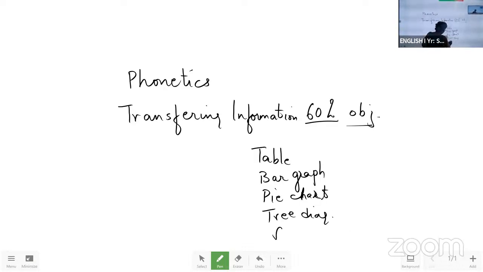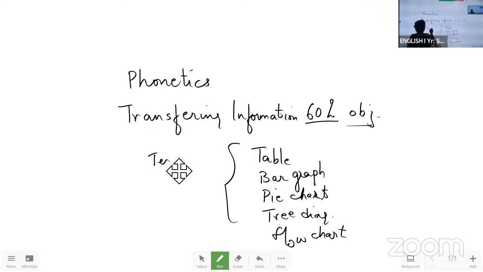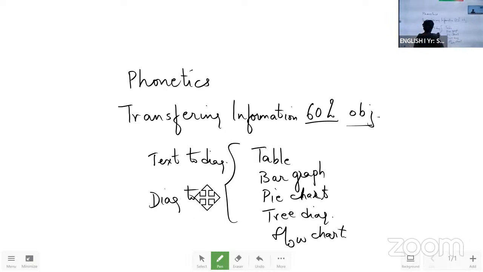All this you have done in school, but not as text to diagram or diagram to text. You have a choice in this. We shall discuss this later, but like I said, phonetics, transferring, and some people have said that they haven't come across syllables and odd sounds.